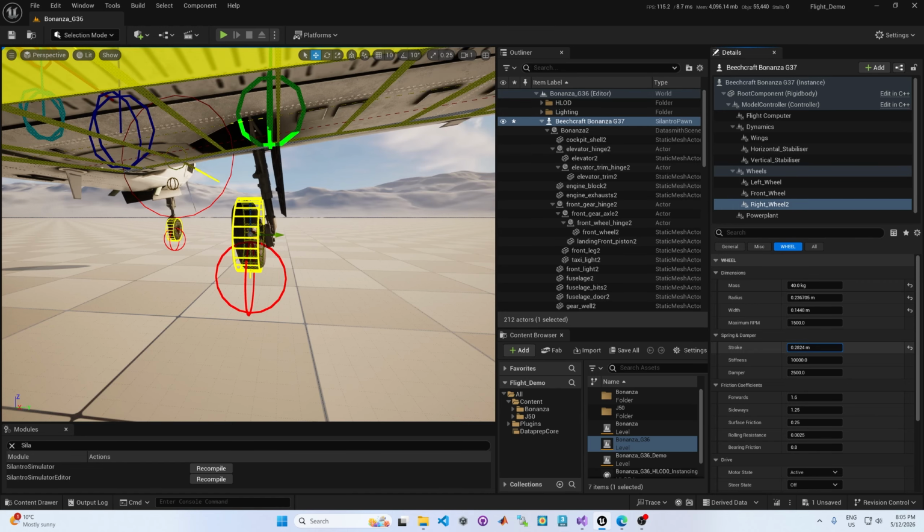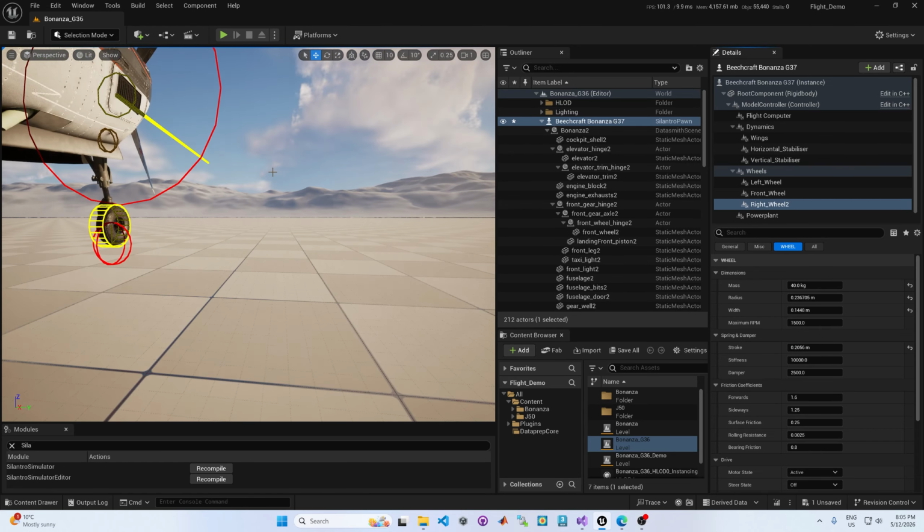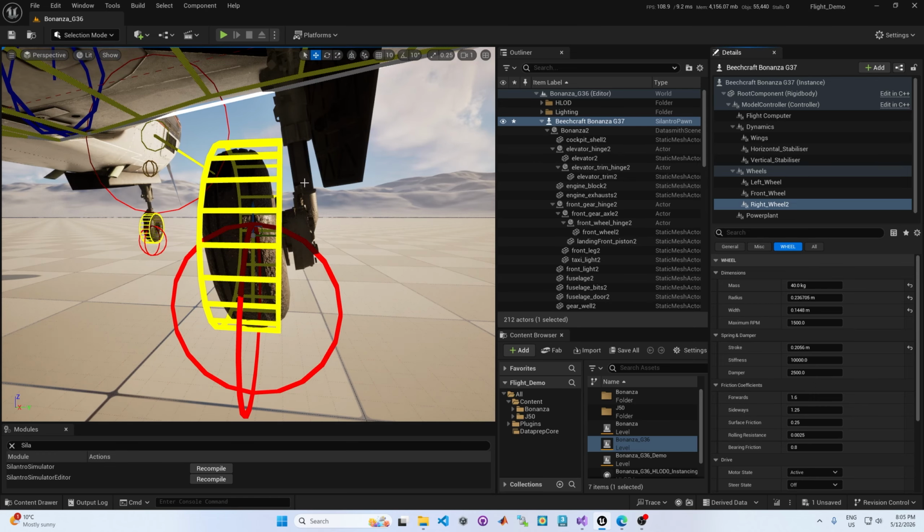Something around 0.15 should do, because this point is not supposed to fully compress into this. So maybe around 0.8, or about 80% of this length that we have here, and maybe I reduce it even more. Yeah, that's about that. This length is about the same as this, maybe just slightly longer, but I can adjust that if it doesn't feel right.